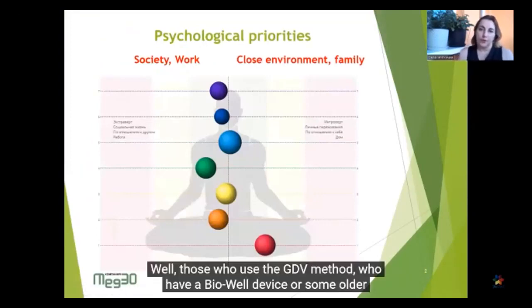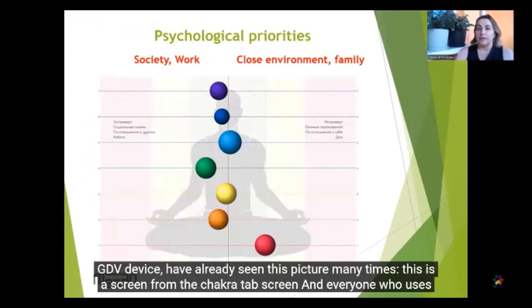Those of you who are using the GDV method, who have Biowell devices or maybe older GDV models before Biowell, have already seen this picture multiple times. This is a screen from the chakra tab.